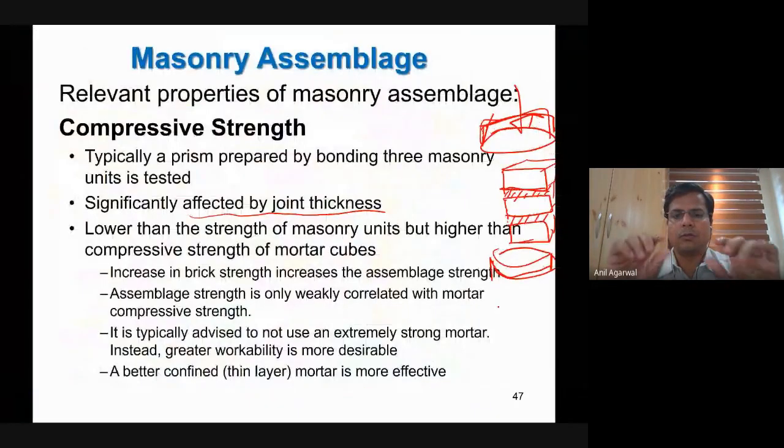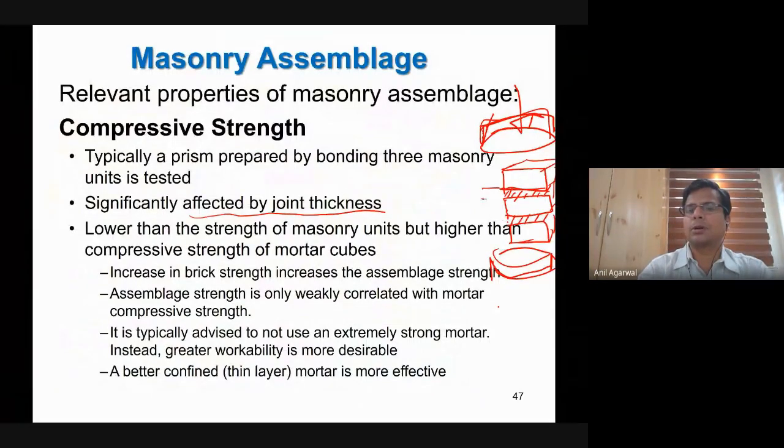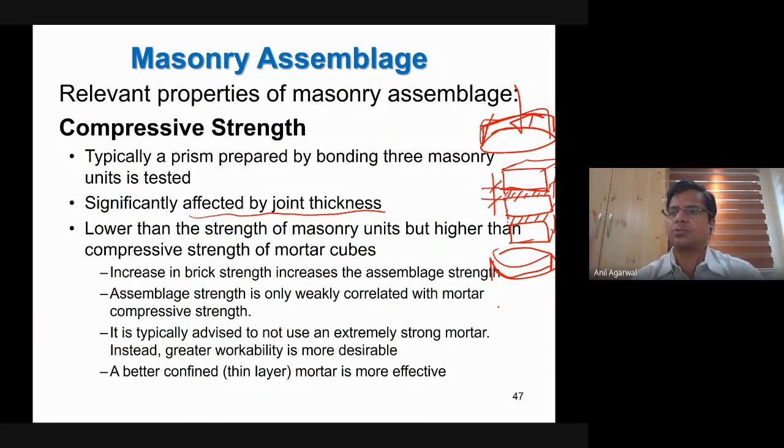And therein comes in picture the thickness of the mortar, because when you do the mortar compressive strength test, you don't use such a small thickness and you don't put it between the bricks. So in real test, you take a cube of mortar and you test it under compression, and that's how you get the strength of mortar. But there is a big difference between the strength of that cube of mortar and the strength of this thin layer of mortar.